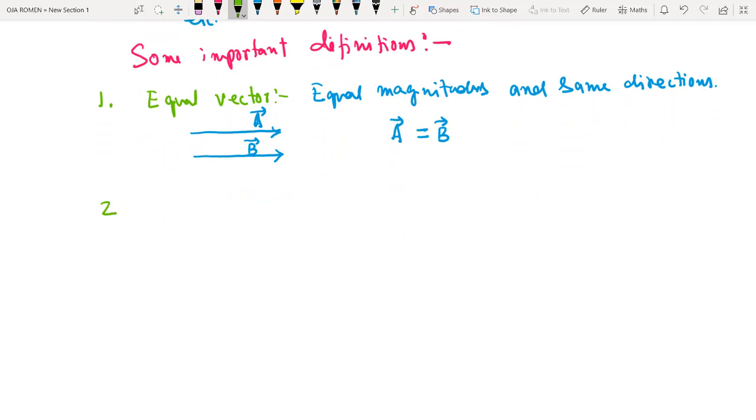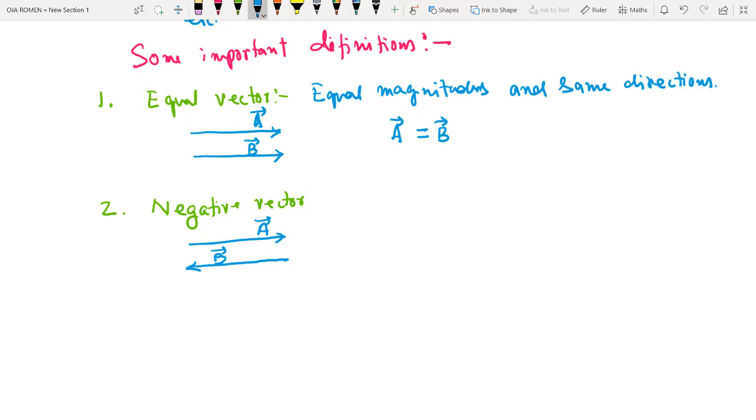Number 2, negative vectors. As the name indicates, say A is along this and B is along this.